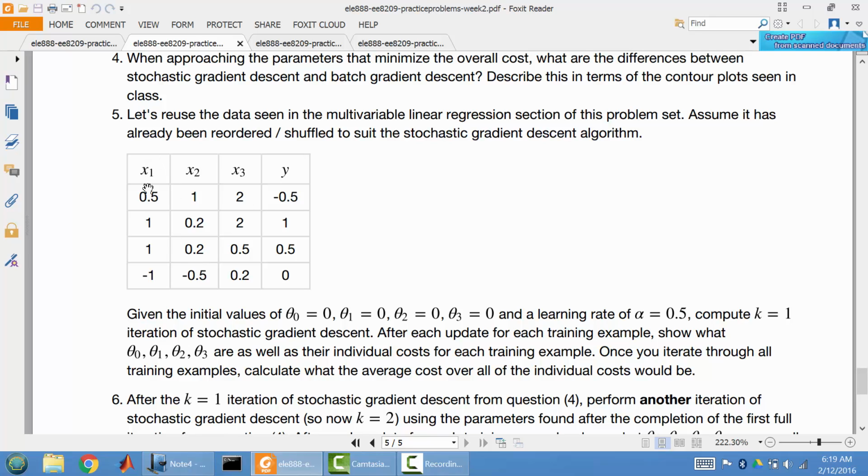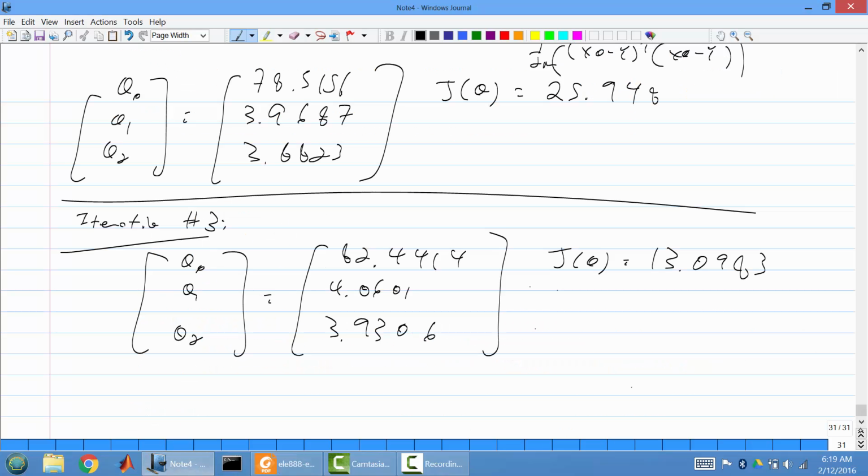So once we run through these examples, you're going to have 16 updates. And it's just going to take a while to compute by hand. So don't worry about this for the midterm. But I'm going to obviously cover this question for the sake of completeness. Okay, so let's just do stochastic gradient descent.